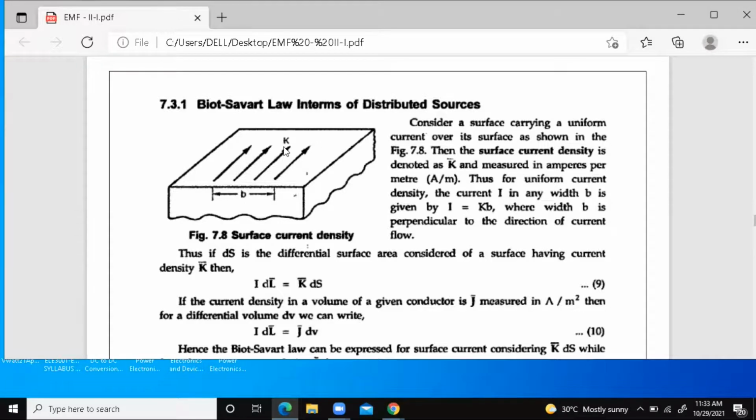K is your current density, which is your current per meter.